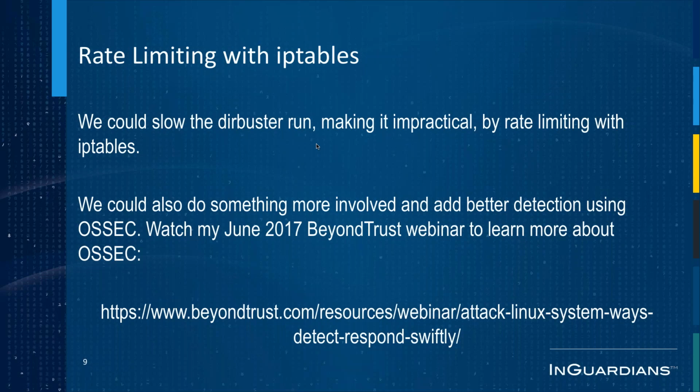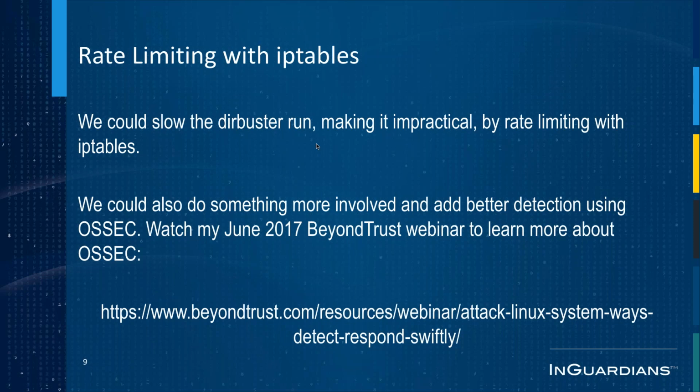We could also, if we wanted something more surgical than iptables, and we wanted some detection, to get emails that something was going on, use OSSEC, an open source tool. OSSEC can basically be watching the web logs and seeing the impact of that, and say, wait, that's too many from one IP address, and I'm blocking that IP address for a certain amount of time.